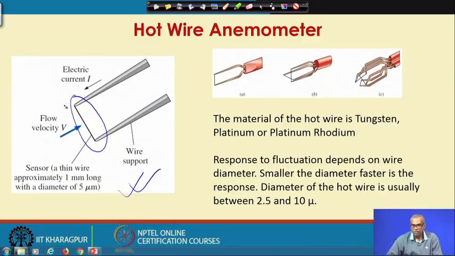In fact, the diameter varies between 2.5 micrometer to 10 micrometer. So, this is the sensor, which is nothing but a thin wire, maybe a thin platinum wire, and you have the wire support. Electric current flows through the wire.